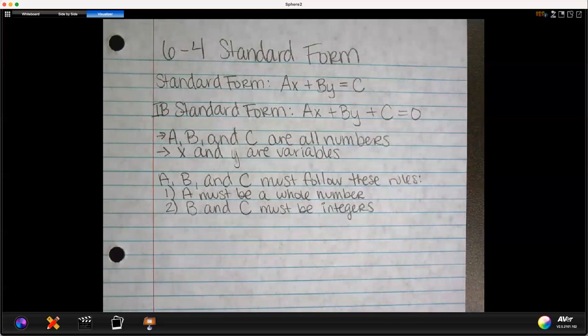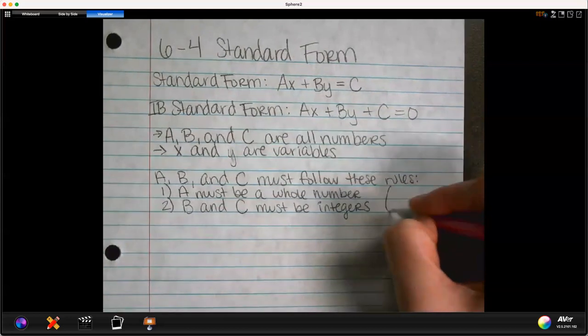And integers include negatives, okay? What does that not include, though? Can I have half as an integer or a whole number? No, so whole and integer numbers don't have what? They don't have decimals or fractions, okay?